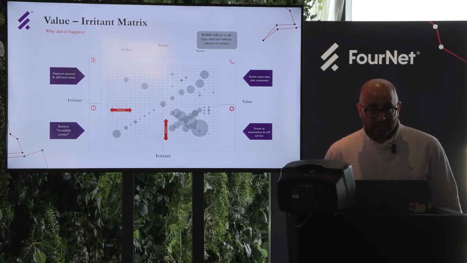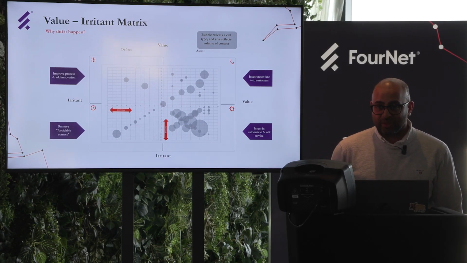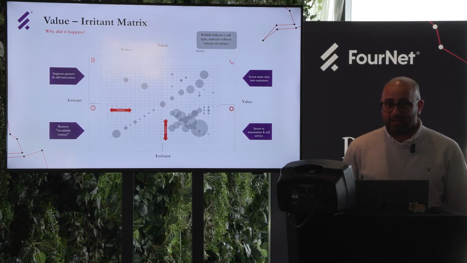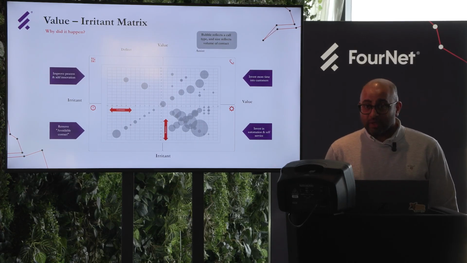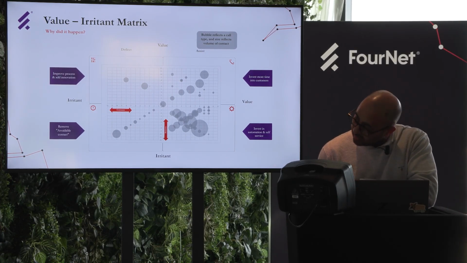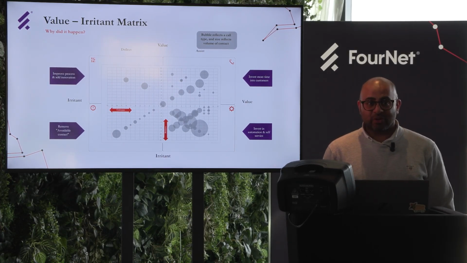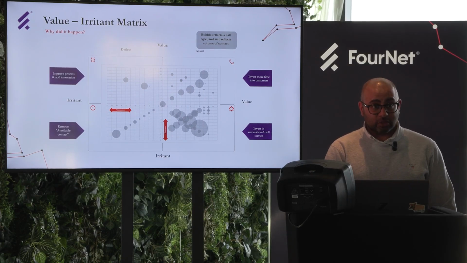However, after we spent some time with the ops team and on the floor, we realised that one of these big circles at the bottom that we could automate was actually a revenue generating stream. So automating it was definitely not the right thing to do for them, but still they wanted to automate as much contact as possible.